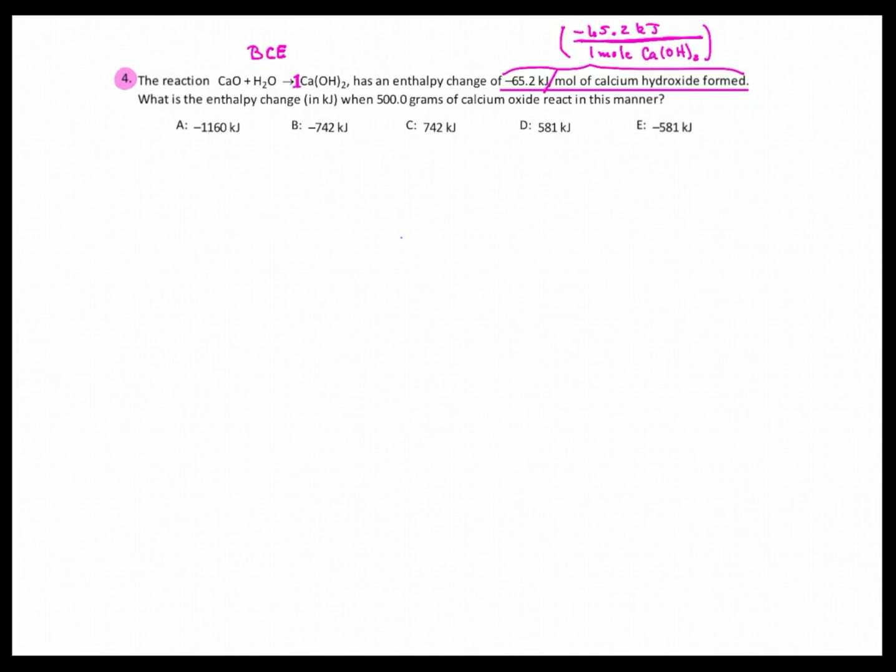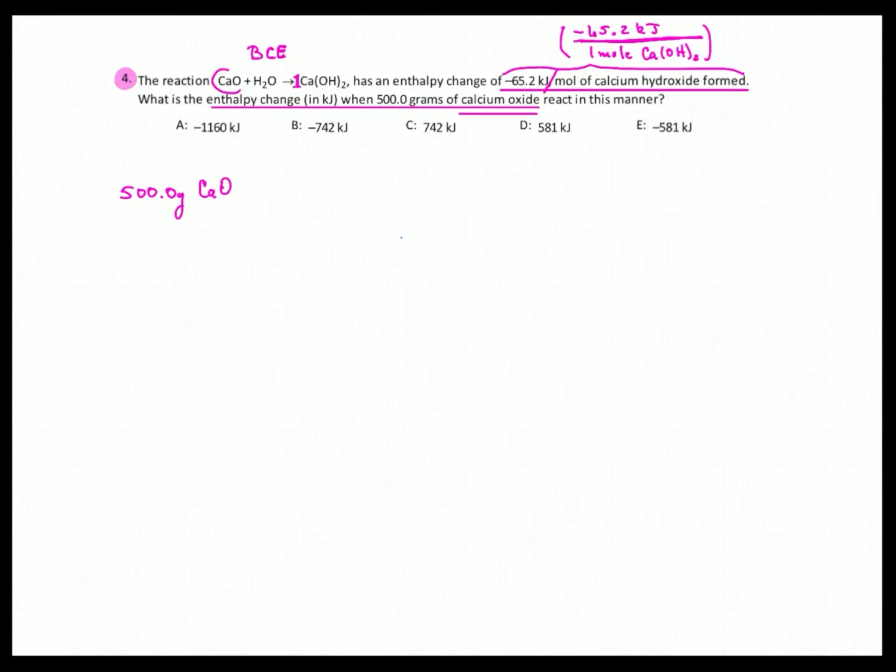All right, so it says what is the enthalpy change, in kilojoules, when 500 grams of calcium oxide reacts. So we're going to start with calcium oxide as being the thing we know something about. 500.0 grams of calcium oxide, and that is the reactant.